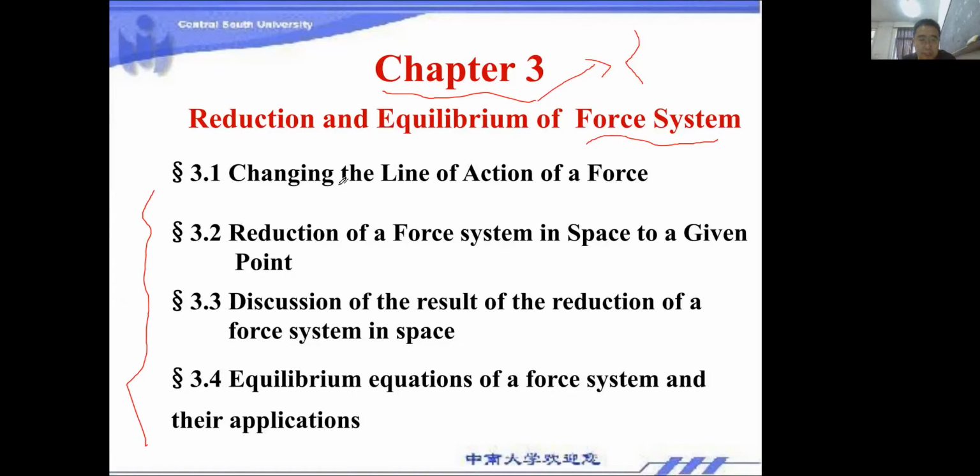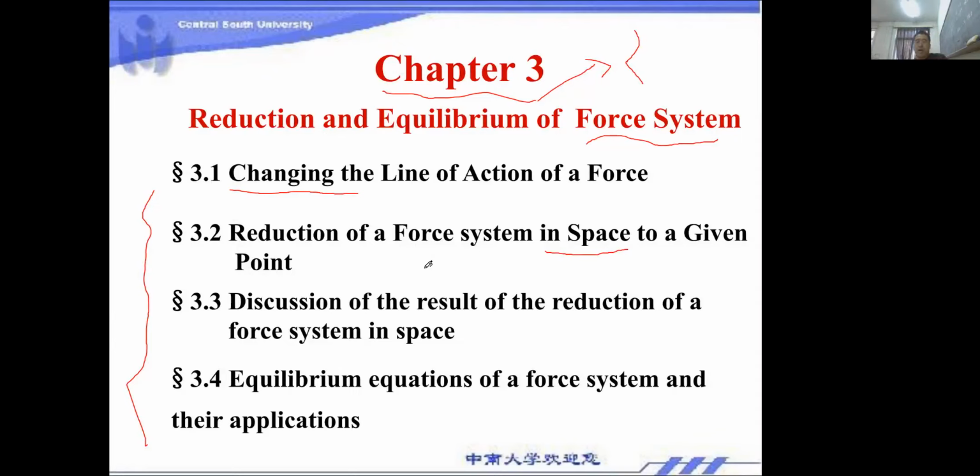So maybe there are 4 sections we'll learn from one to another. The first one is changing the line of action of a force. Another one is reduction of a force system in space to a given point. Actually, we will talk a little bit about space force systems, but in many cases, our main focus will be plane force systems.